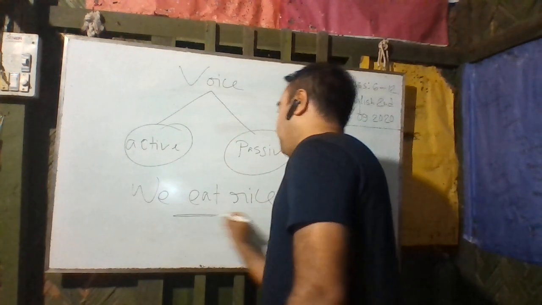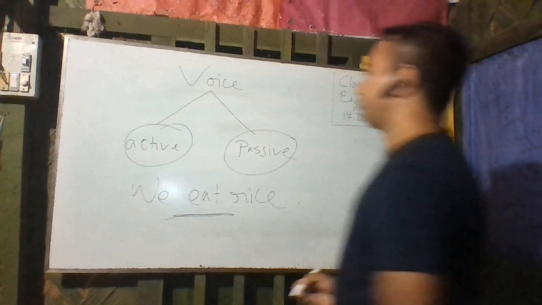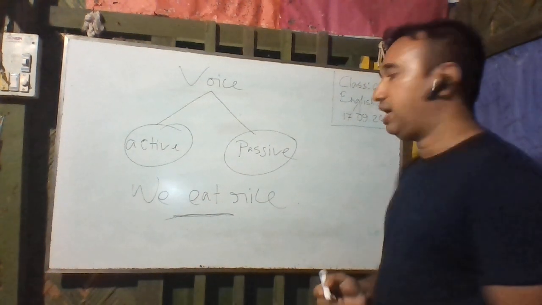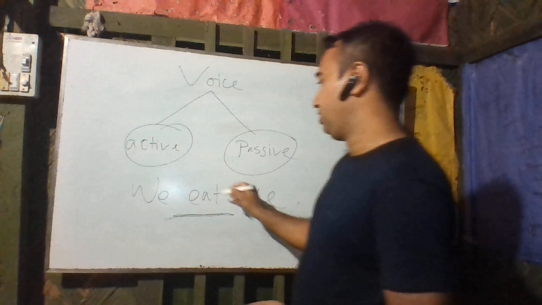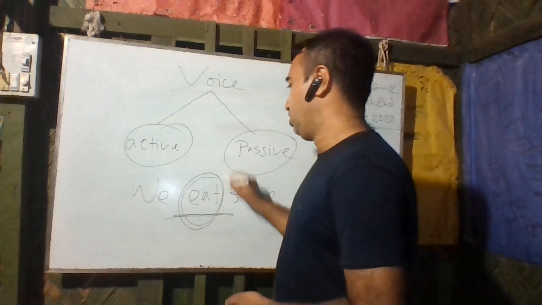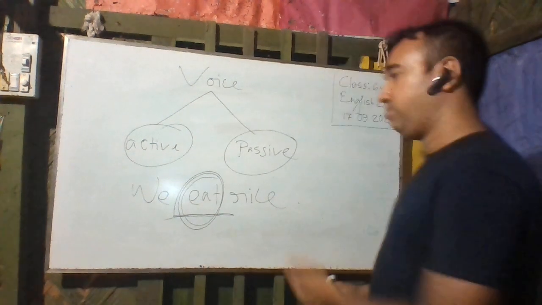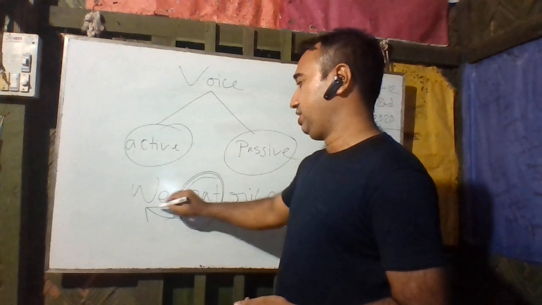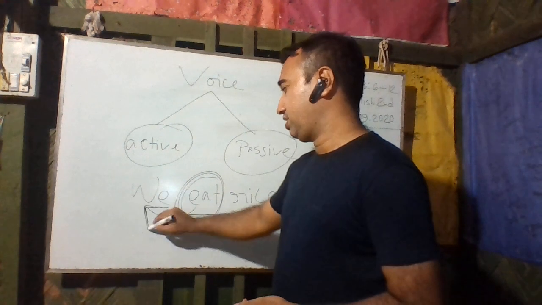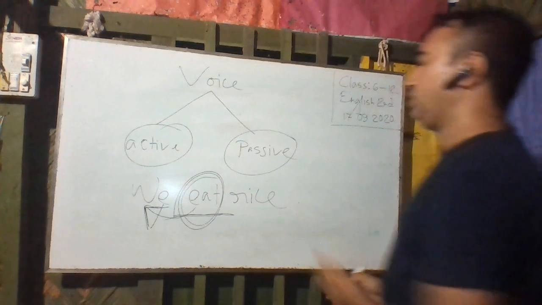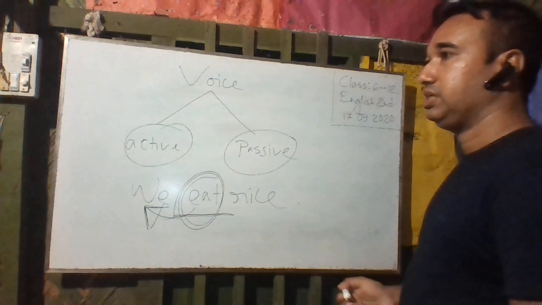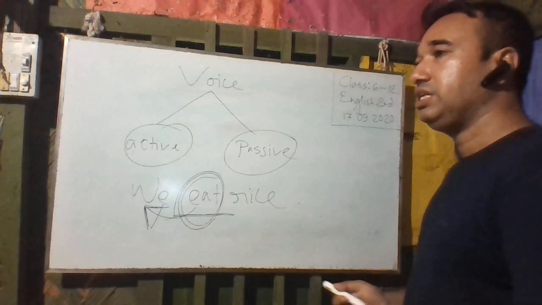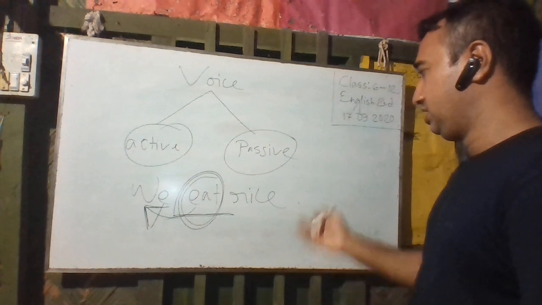Here, eat is the verb. It means to have something. Look, who is doing the work? By whom is the work done? The subject we is doing the work. We is performing the task of eating. So we can call it an active voice. This is an active voice.